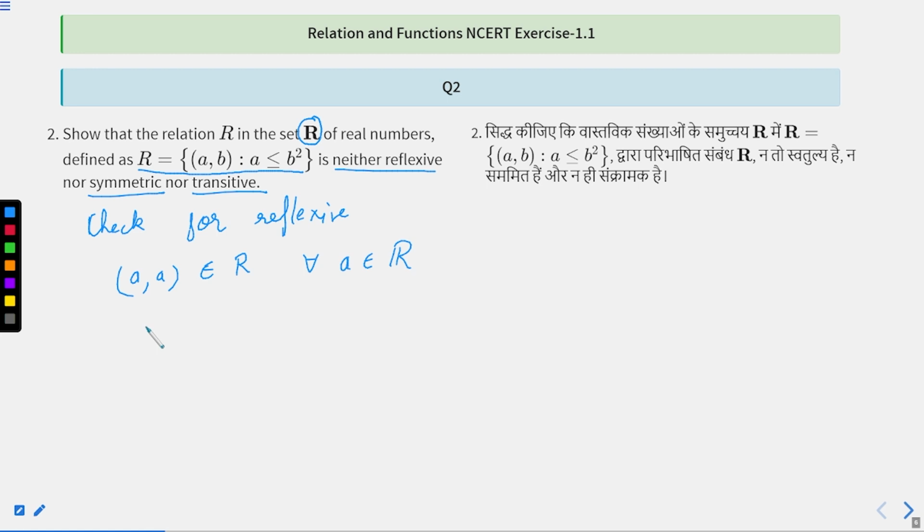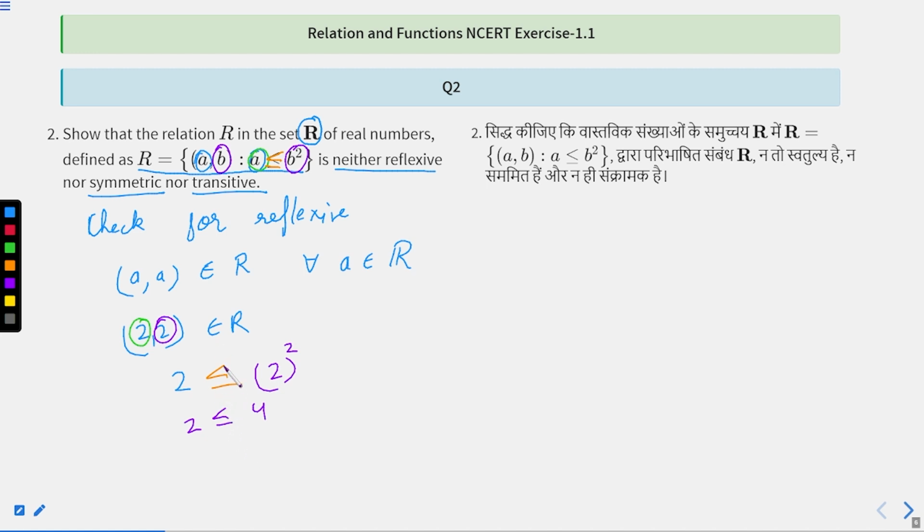Suppose I'm taking 2. So (2, 2), by definition, if it belongs in the relation R, this means this element must be less than or equal to the square of the second element. So the square of this: 2 is less than or equal to 4.